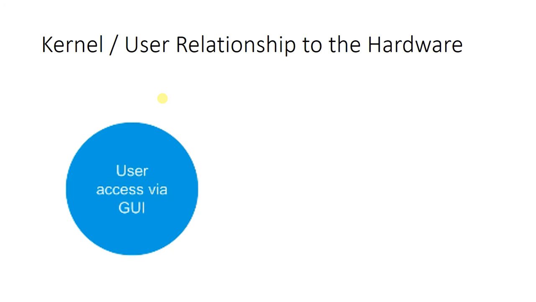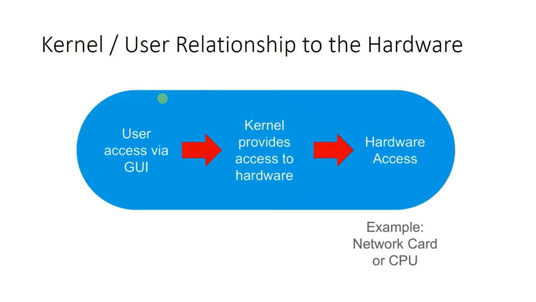Maybe they need to print, and to print they are connected to a printer off a USB port. Well, they don't have direct access to that hardware. The kernel is going to handle that, and the kernel is going to handle the multitasking. So this user accesses the hardware via the GUI, the kernel is what really provides that and gives us access. So another example would be the network card or the CPU.